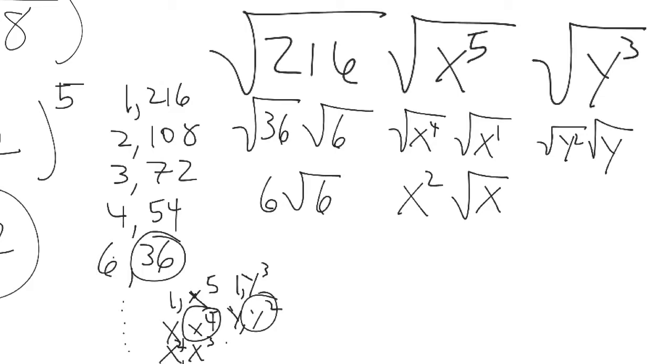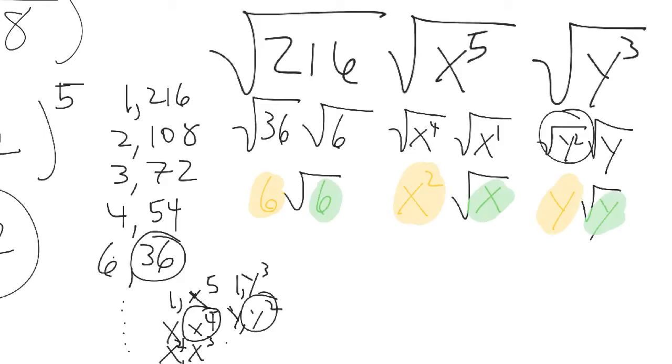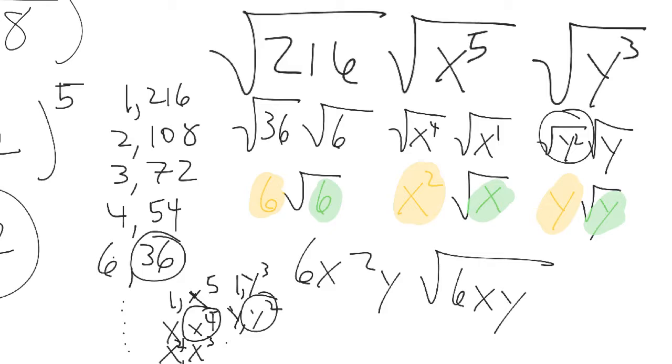And we can simplify this and get y times the square root of y. So recollecting all the numbers that are outside of the square root, we get 6x squared y, and collecting all the numbers inside, we get times the square root of 6xy. That should be the answer.